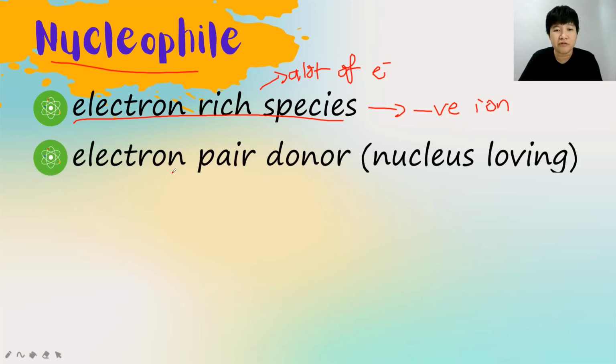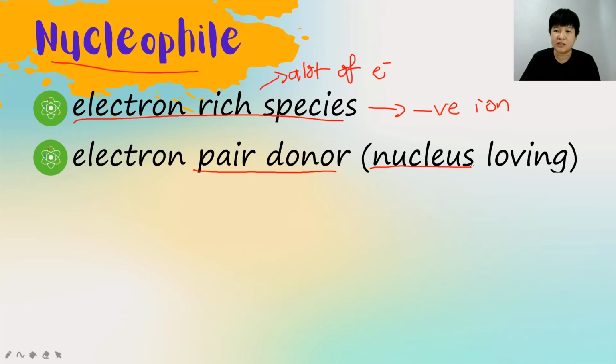And when you are very rich with electrons, you tend to donate the electrons. Why will you donate the electrons? Because you have a lot. When you have a lot of money, you don't mind donating your money. Okay? So that is what we mean by electron pair donor. Because you have a lot of electrons, feel free to donate them.